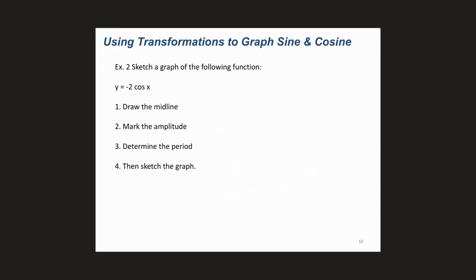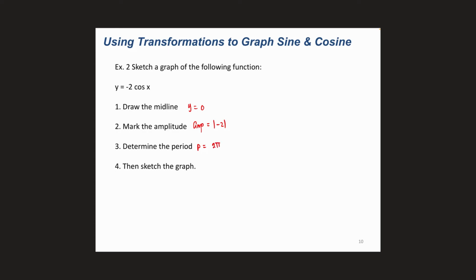Negative 2 times the cosine of x. We know that the middle line will be the x-axis, so it should be just y equals 0. The amplitude is equal to the absolute value of negative 2. The period is equal to 2 pi.